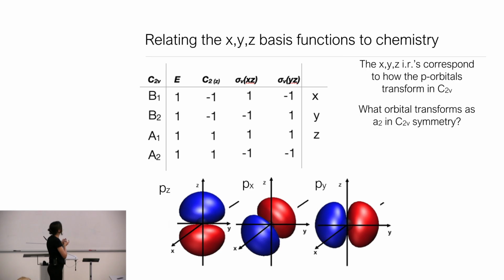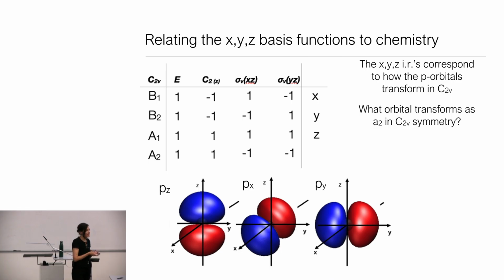So what is the actual orbital that transforms as A2 in this symmetry? What orbital would actually have a symmetry with respect to a rotation around the z-axis, but be anti-symmetric with a reflection with respect to xz or yz?